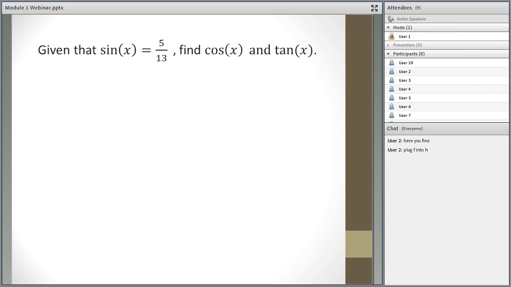So let's do a few examples with trigonometric functions. So let's say that we have sine x is 5 over 13. I want us to use this to find cosine x and tangent x. So when I'm dealing with sine, cosine, and tangent, that means I'm dealing with a right triangle. So let me draw a right triangle.